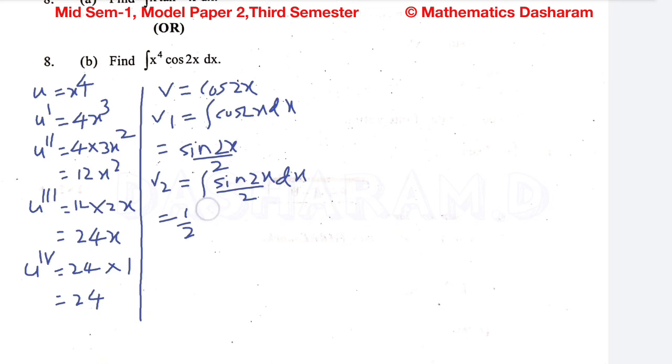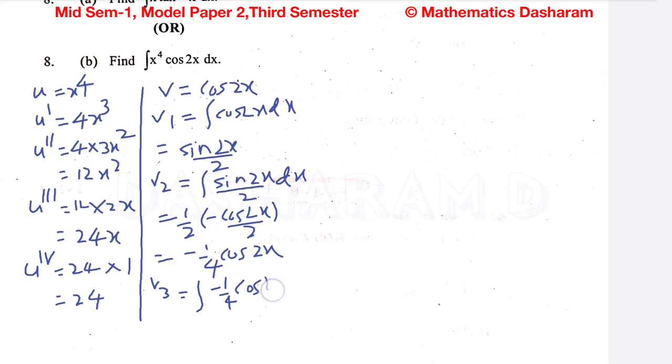So it is equal to 1 by 2 integration of sin 2x, which is minus cos 2x by 2. Next, it is equal to minus 1 by 4 into cos 2x. v3 equals integration of minus 1 by 4 cos 2x dx. So minus 1 by 4 cos 2x integration is sin 2x divided by 2. So minus 1 by 4 into 2 is minus 1 by 8 into sin 2x.